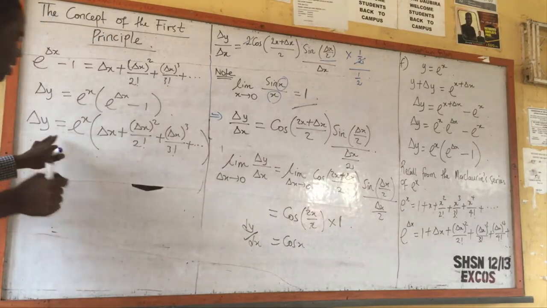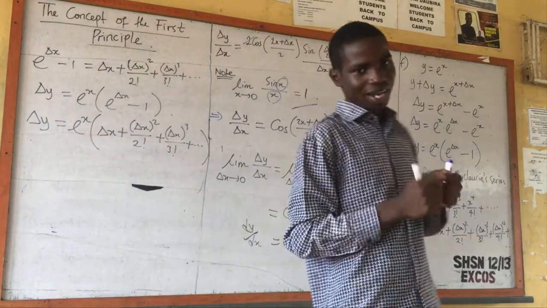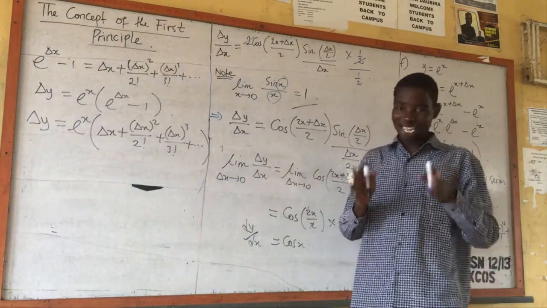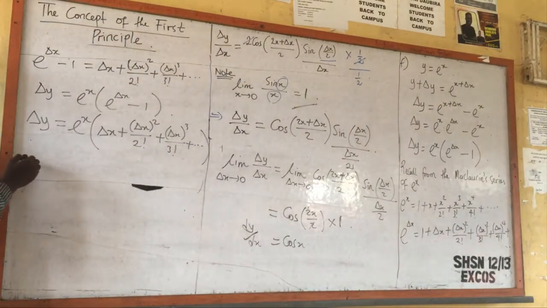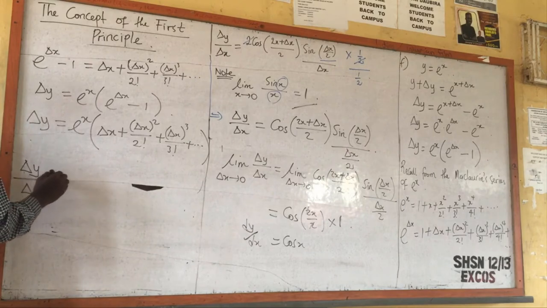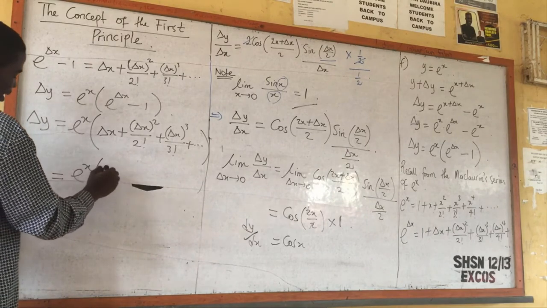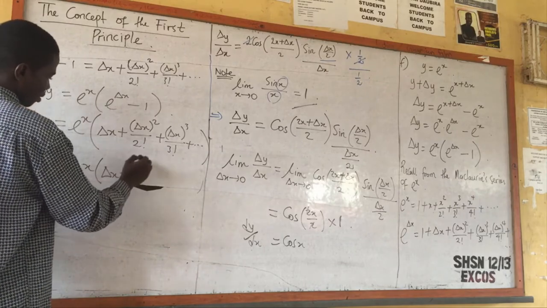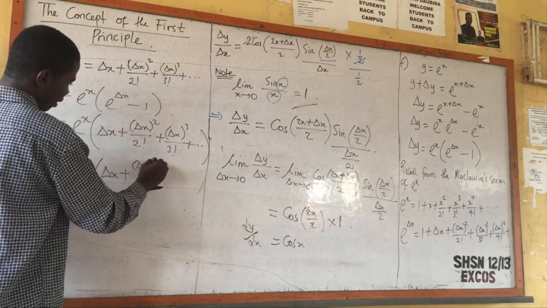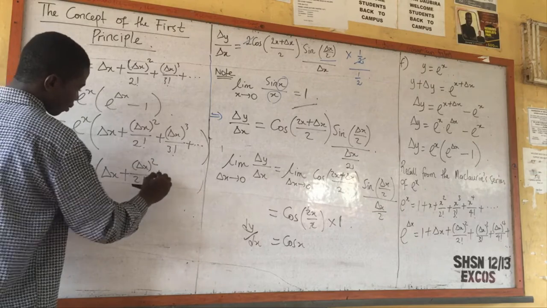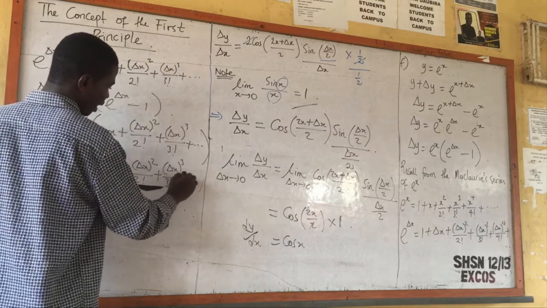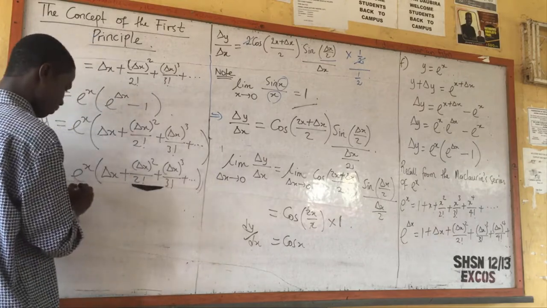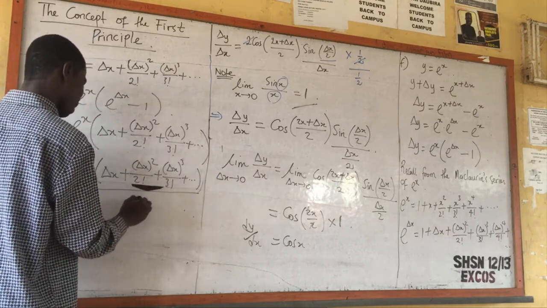After that, the next thing I will do is divide both sides by delta s. I will be having delta y divided by delta s, which will also be e raised power s, open bracket, delta s plus delta s all squared over 2 factorial plus delta s all cubed over 3 factorial, and it goes on like that, all of it divided by delta s.